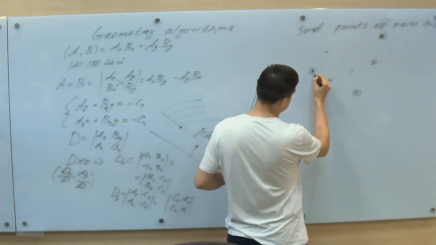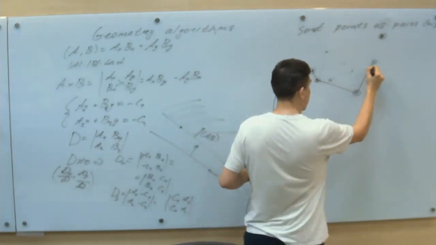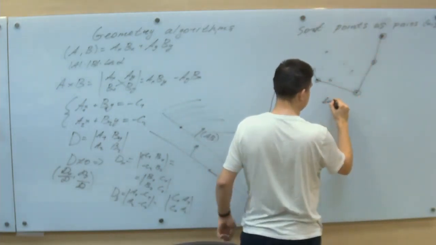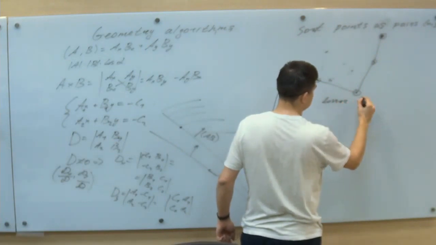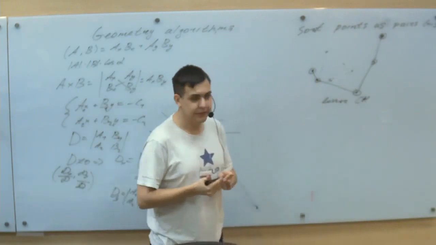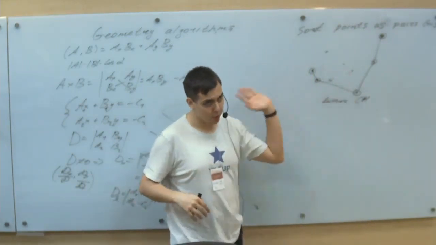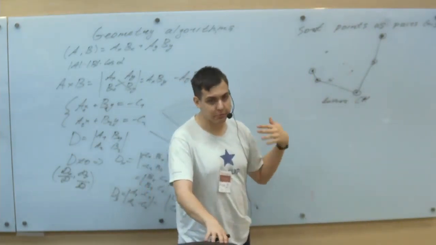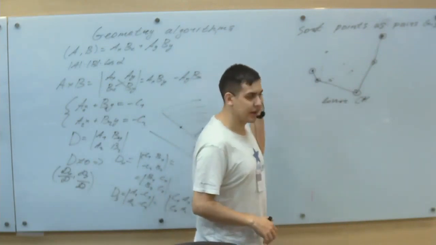So we found the lower convex hull of these points. And if we do the same, but we go over all points from right to left, we get the upper convex hull.